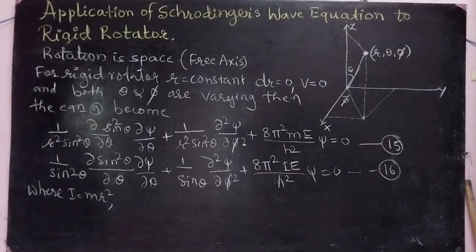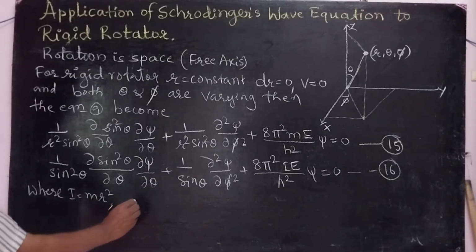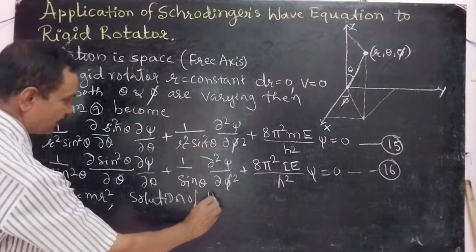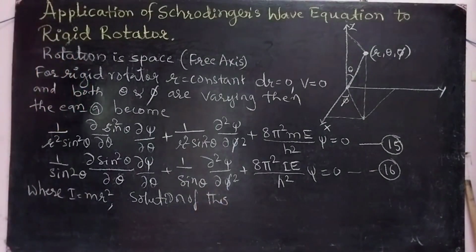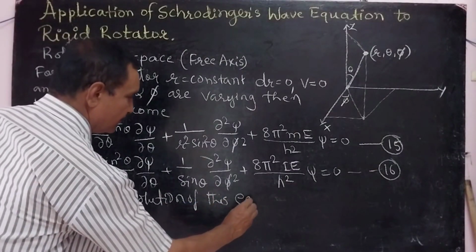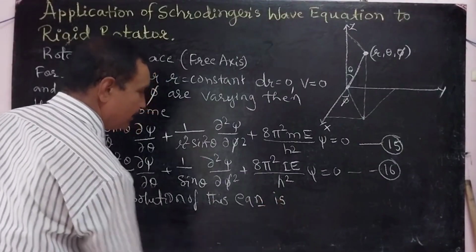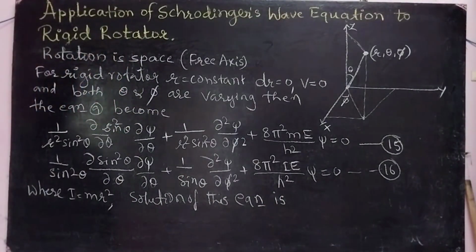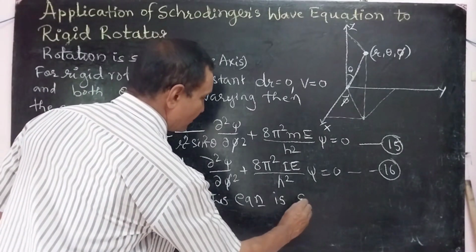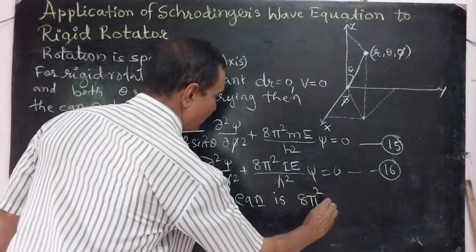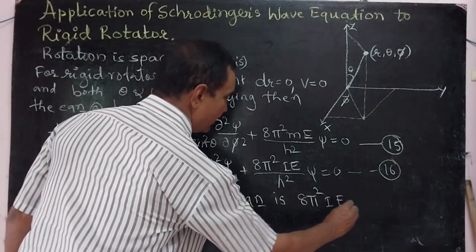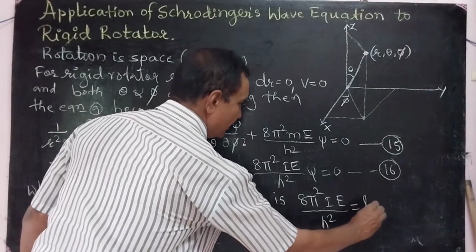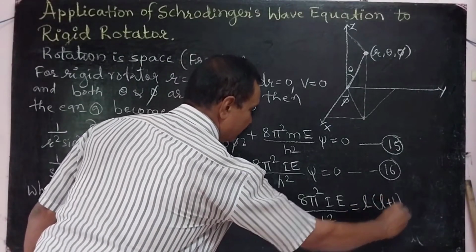The solution of this equation is 8 pi square I E divided by h square is equal to L into bracket L plus 1.